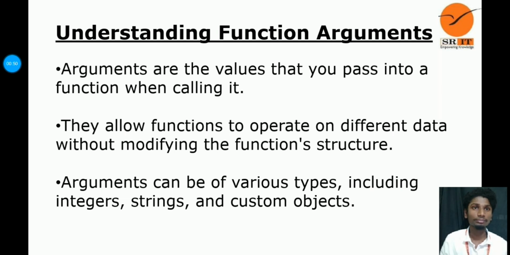Understanding function arguments. Arguments are the values that you pass into a function when calling it. They allow a function to operate on different data without modifying the function structure. Arguments can be of various types, including integers, strings, and custom objects.